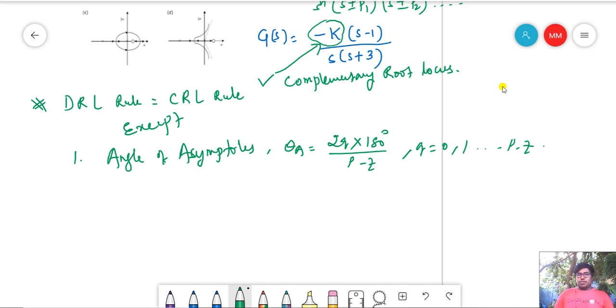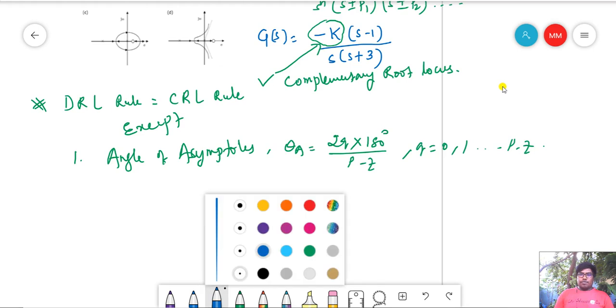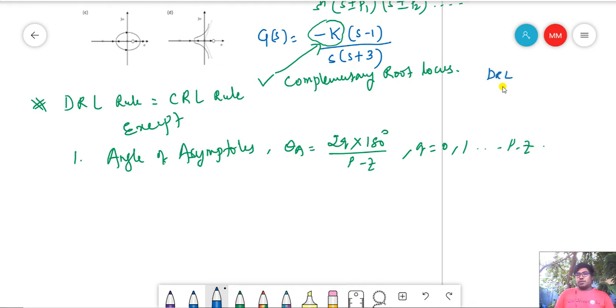For direct root locus, the angle of asymptotes is equal to (2q plus 1) into 180 degrees divided by p minus z, where q is equal to 0, 1 and so on up to p minus z minus 1. So in the direct case we consider odd multiples, but in the complementary root locus we consider even multiples.